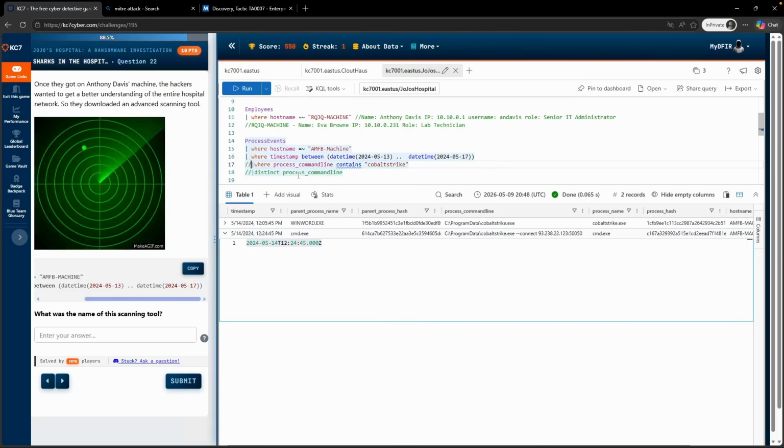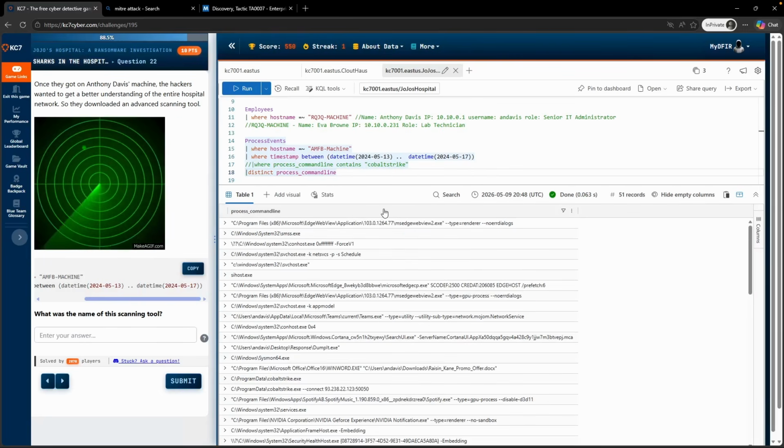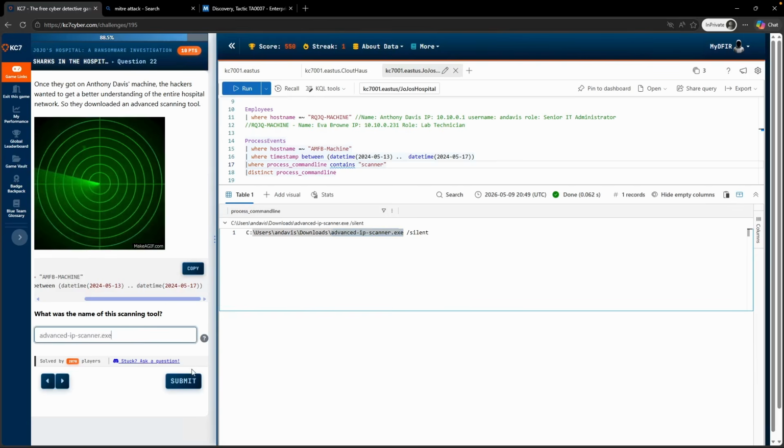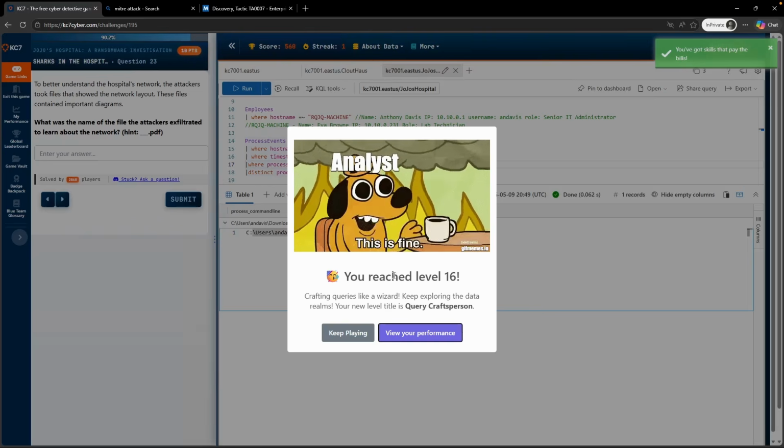Let's go ahead and comment out our Cobalt Strike and uncomment the distinct process command line. We are looking for a scanner. And actually, what if we replace Cobalt Strike with something like scanner? Ah, there you go. So no need to work harder, work smarter. This is our tool of interest, the advanced IP scanner.exe. And let's paste that in. Awesome, I just reached level 16.